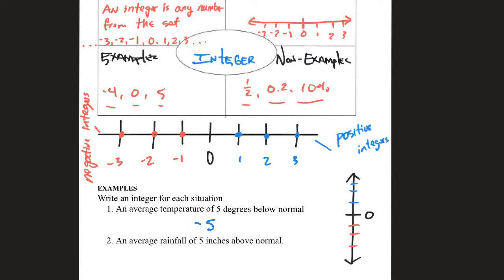An average rainfall of 5 inches above normal, we would just write that as +5, or like you've been writing numbers your whole life. When it's a positive number, you don't have to write the plus, you just write 5, right? Pretty simple concept there.